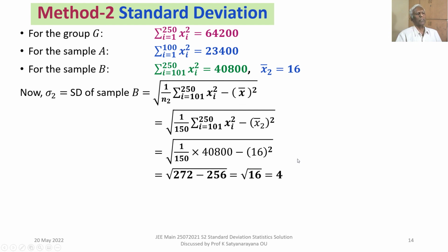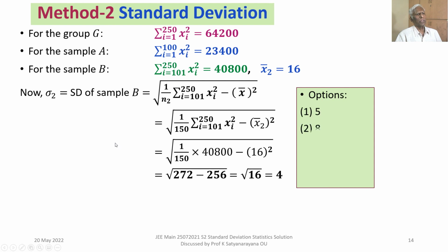So in this we have not made use of any combined variance formula, and we have just used the definition of the standard deviation only. The standard deviation of the group G, the standard deviation of the sample A. From these two, we have computed the standard deviation of the sample B. Now let's look at our options.